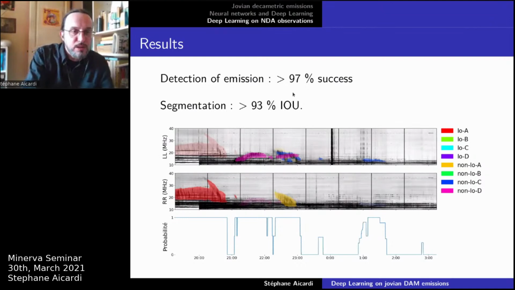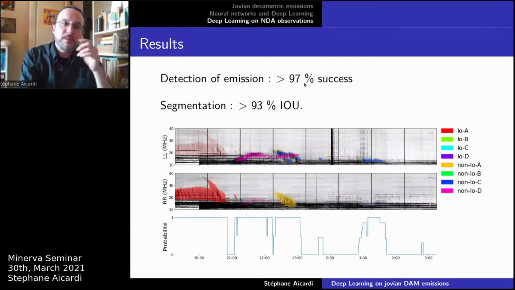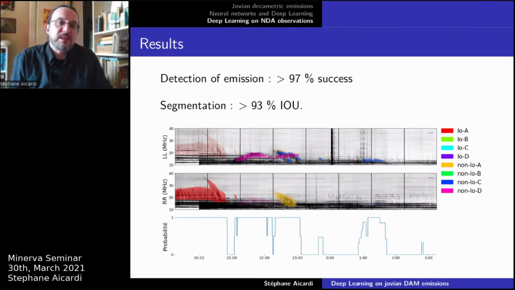And here are the results. So I obtain more than 97% of success in detecting the presence of an emission. And on the segmentation, I obtain 93% of intersection over union.